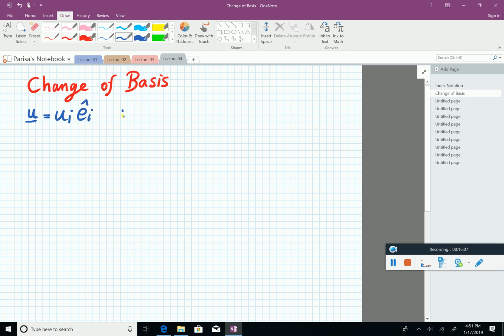And this vector is defined, the components are defined with respect to an orthonormal basis that you see here. So it's orthonormal.